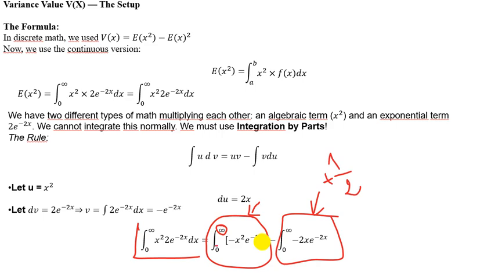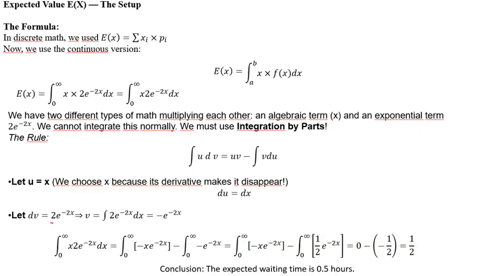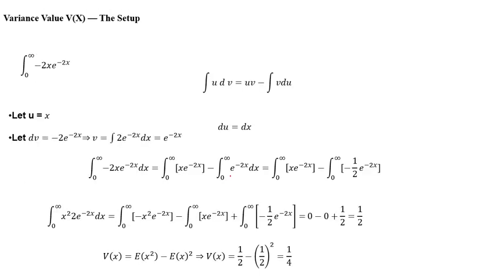We replace x by 0 also gives 0, so this part is 0, 0 plus 1 over 2. In the end we get our integral here is 1 over 2. So the final result is 1 over 2.